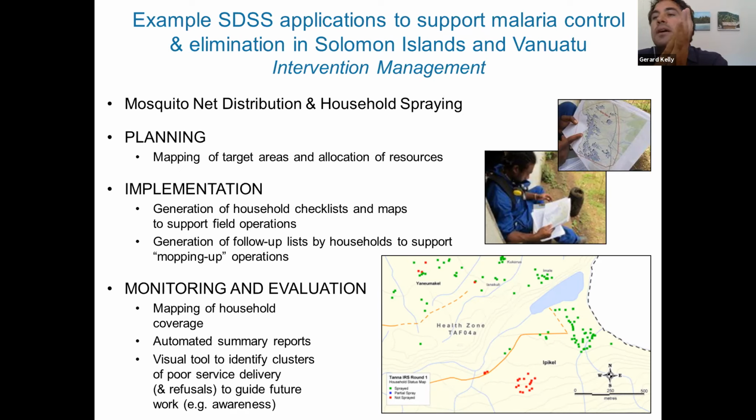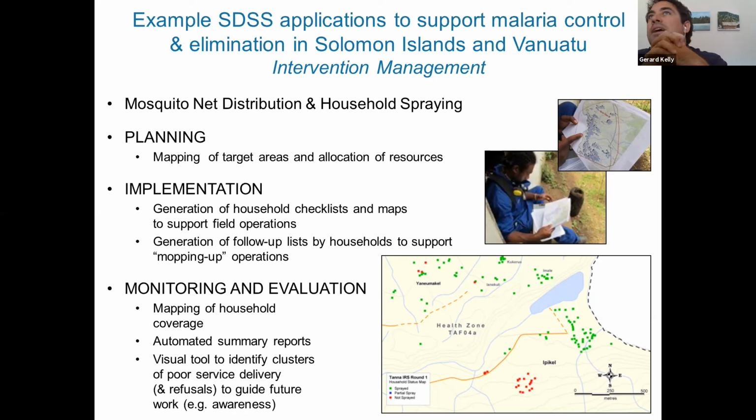For example, we know that we want to spray households within the 2 kilometre coastline of Tanna Island in Vanuatu, because based on our transmission foci, that's where the mosquitoes are and that's where our population is. So our information system can identify how many households are within those areas.